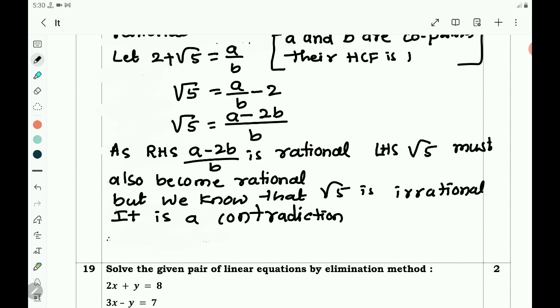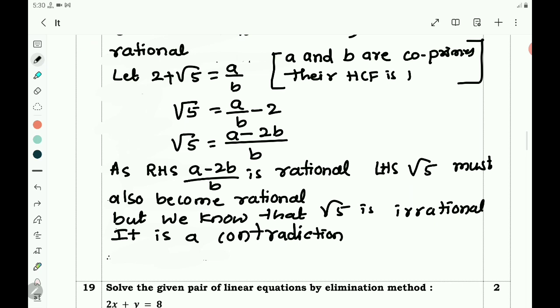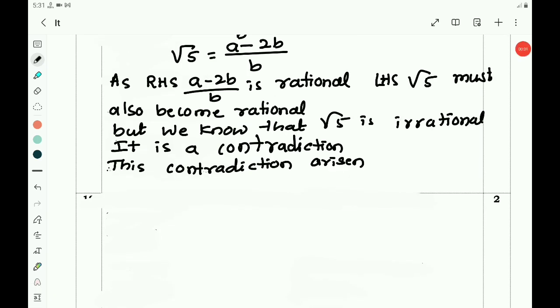This contradiction has arisen due to our wrong assumption.